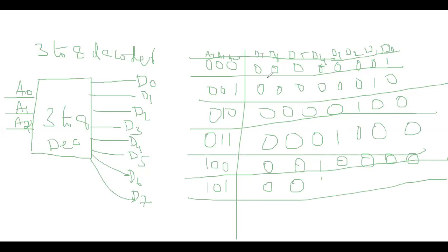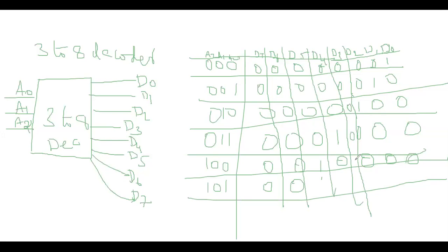Let us see, something went wrong here; I need to correct it. The outputs are D5, D4, D3, D2, D1 and D0. Here D5 is high, and D4 is 0 and this one is 1.